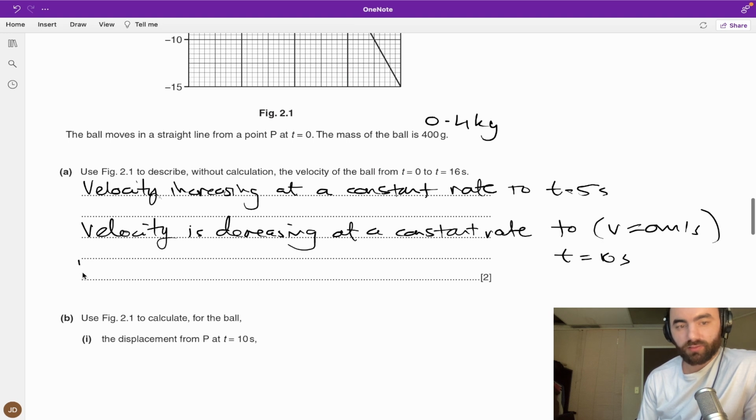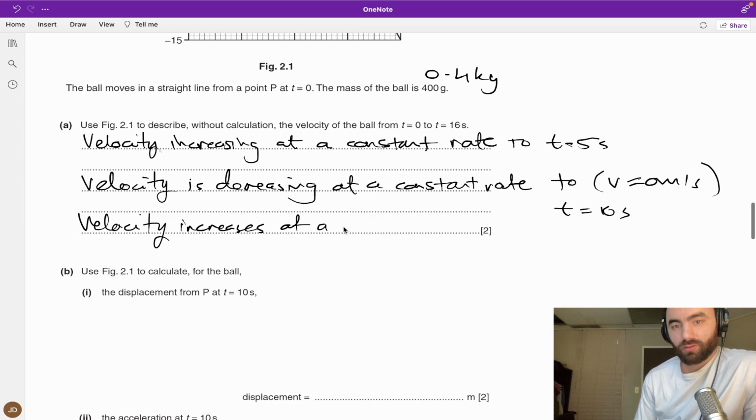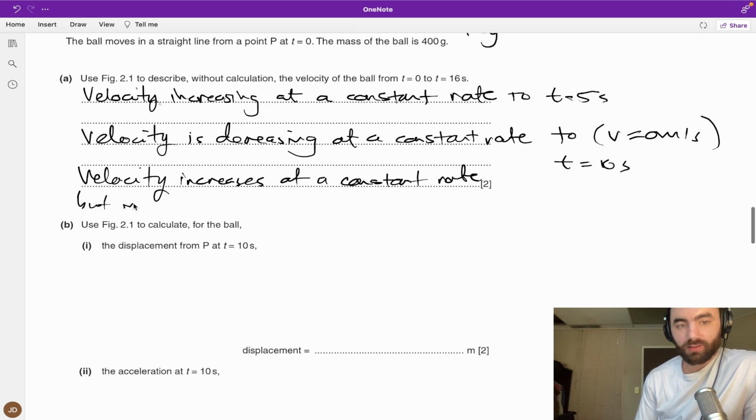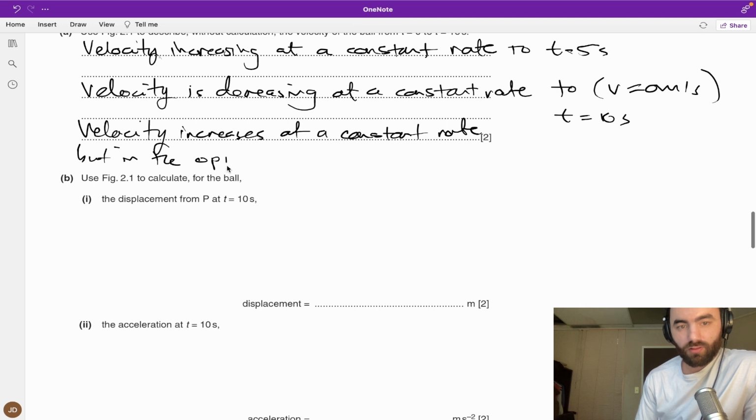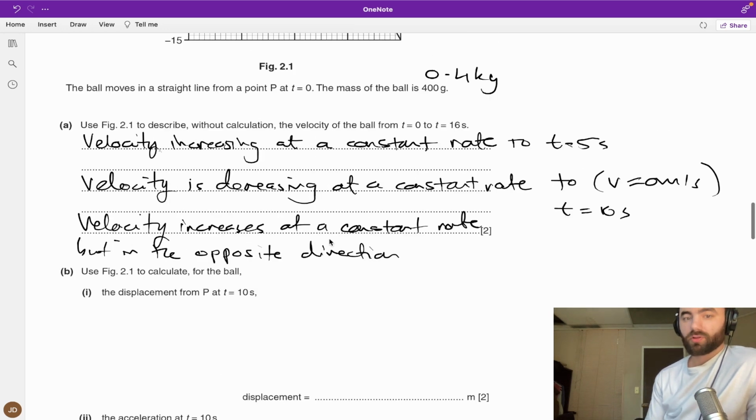So you say the velocity is increasing at a constant rate, but in the opposite direction.